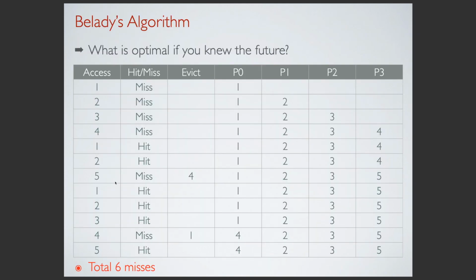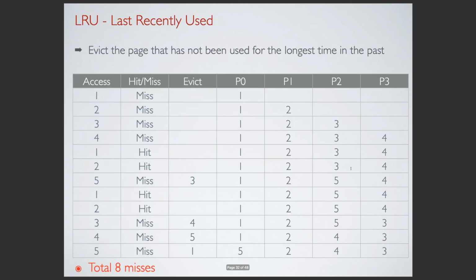Now we're going to have a miss again for 5. Which one are we going to evict? Here we look at the future, and the future tells us you're going to need 1, 2, and 3. If I'm going to need 1, 2, and 3, I'm not going to kick them out. I'm going to keep them, and instead I'm going to evict 4.